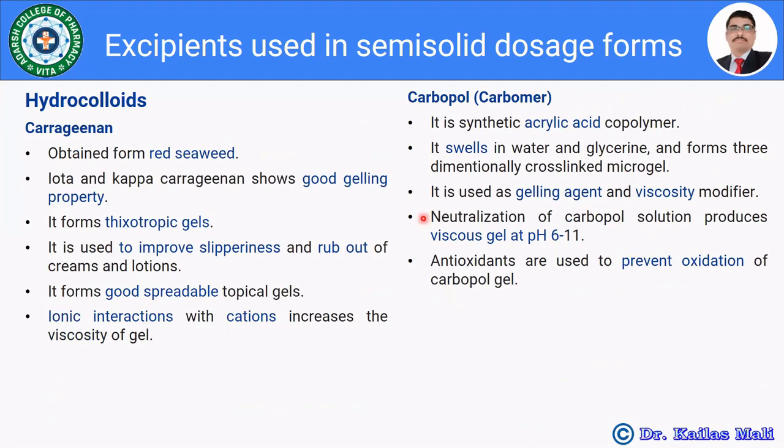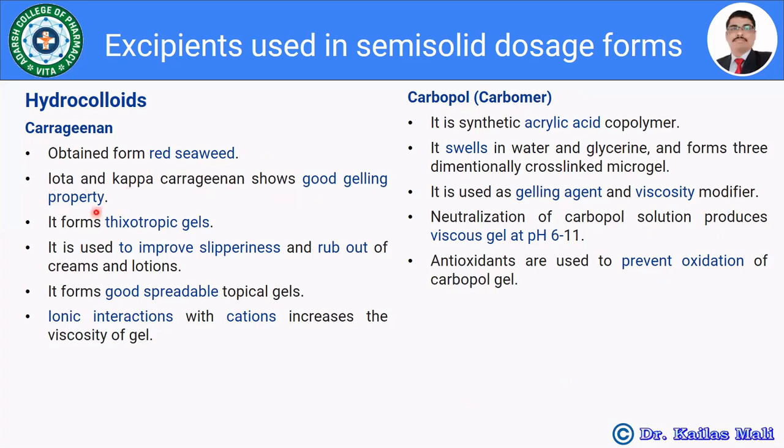Yes, two more important hydrocolloids are there. One is known as the carrageenan, and the second one is the carbopol. Carbopol has a good gelling property. Almost more than 90% of gels are prepared by using the carbopol. The first one, the carrageenan, is obtained from red seaweed. The iota and kappa carrageenan show the good gelling property.